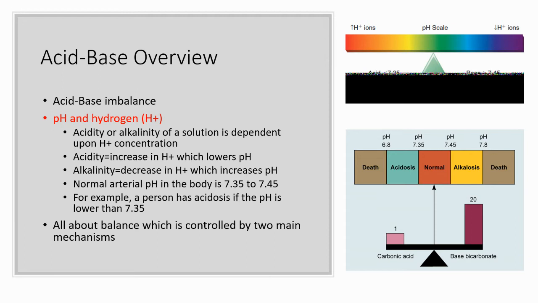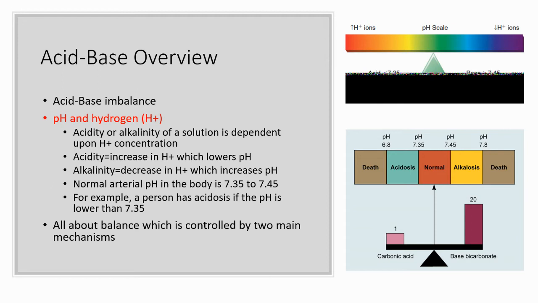The hydrogen ion concentration is inversely proportionate to the pH. For example, the lower the pH, the higher the hydrogen ion concentration. Now, the pH of a chemical solution may range from 1 to 14. A solution with a pH of 7 is considered neutral. An acid solution has a pH less than 7, and an alkaline solution has a pH greater than 7.